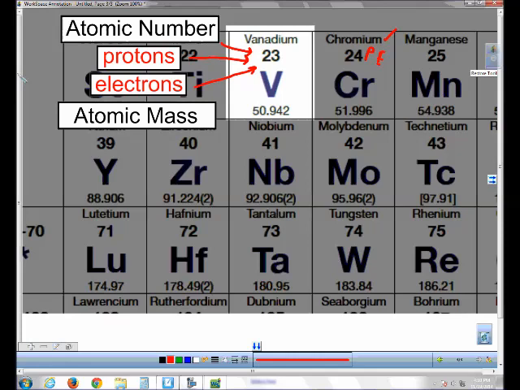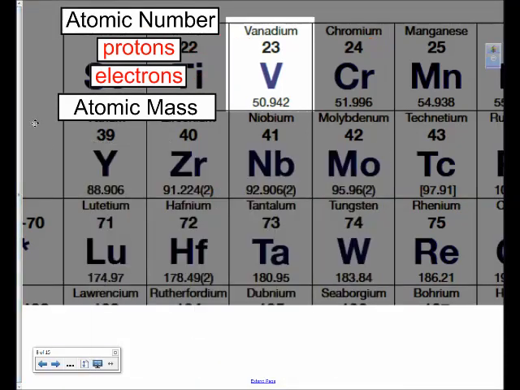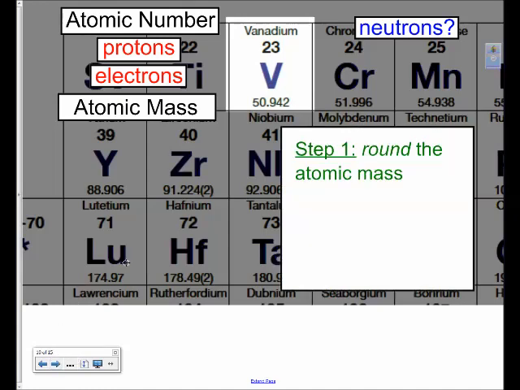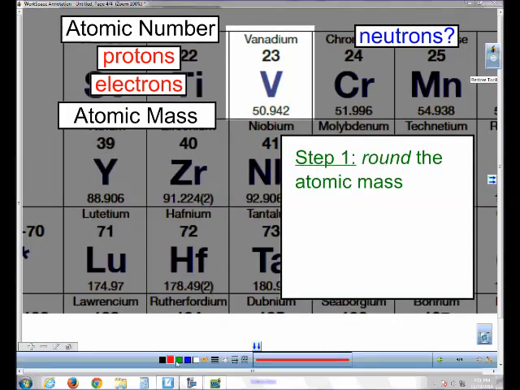Now, what about neutrons? For neutrons, we have to do a little bit of math, a little bit of figuring, but it's not hard. It's a two-step process, and the first step is we round off the atomic mass. Our mass here is 50.942.